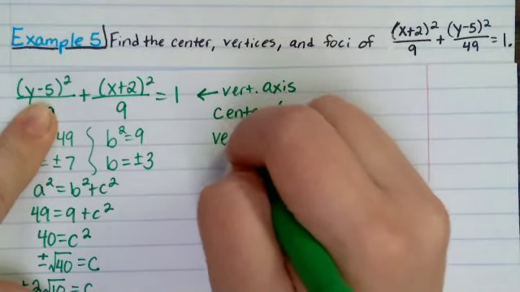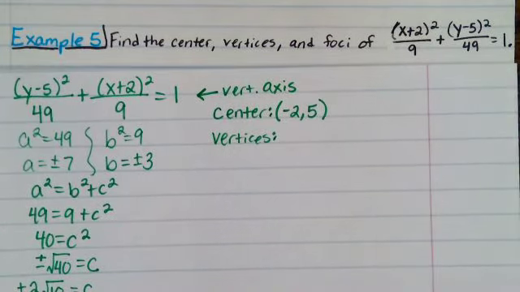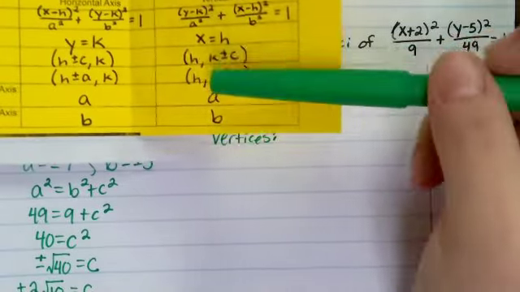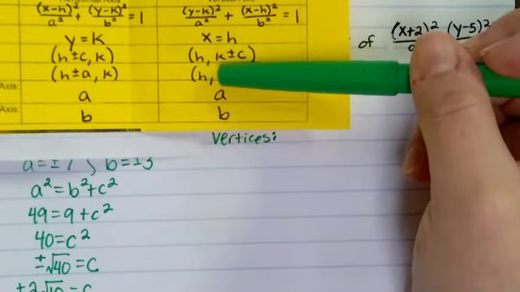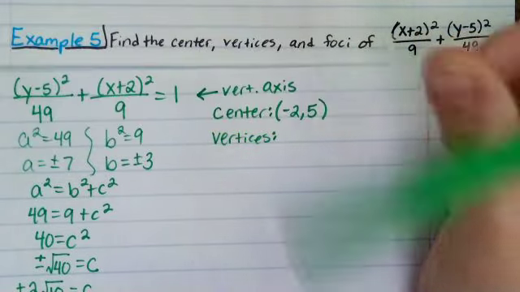All right, vertices. Let's talk about those. Now, for this vertical axis center at H, K situation, our vertices are going to be H and then K plus or minus A. That's what we're looking at for those vertices.